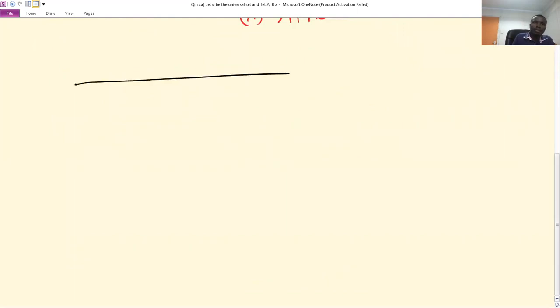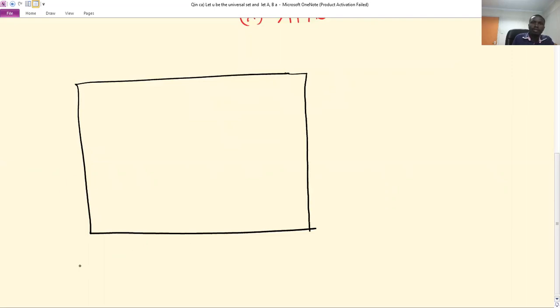So we'll draw this rectangle to represent the universal set.